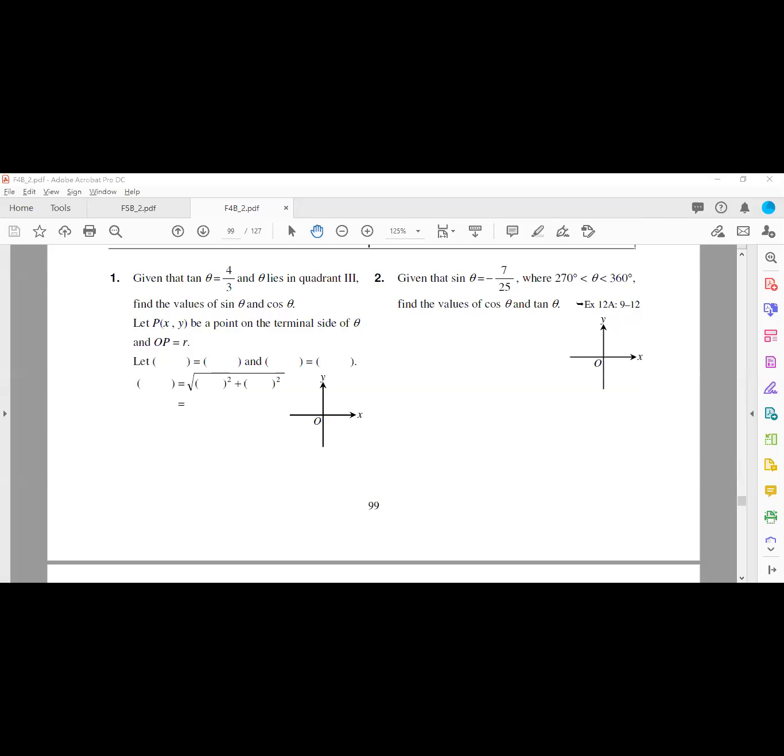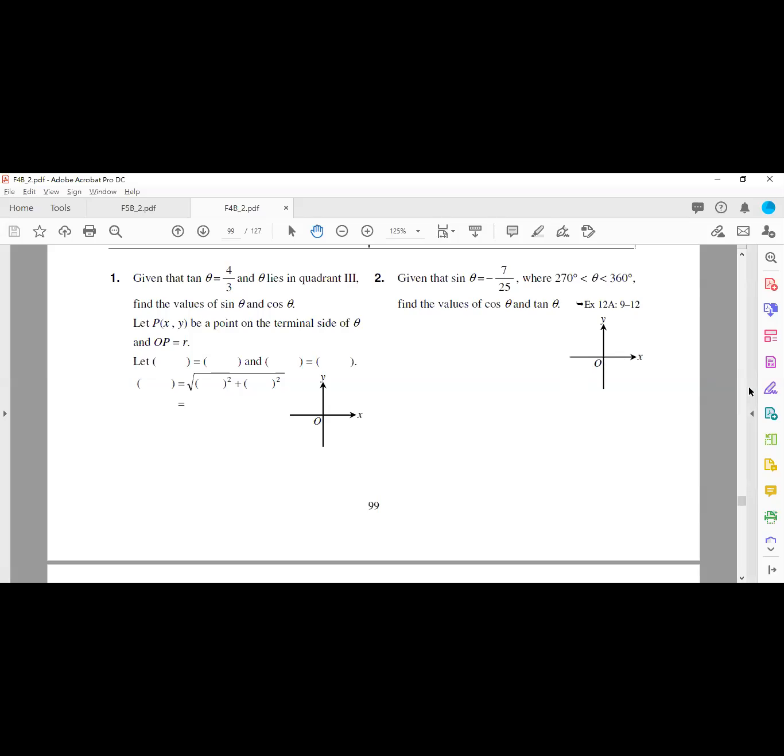So last Friday, we were talking about the quadrants and the ASTC rule. When we are going to find sine theta, cosine theta, tangent theta from one of them, we need to use the Pythagoras theorem to find the third side of the triangle.